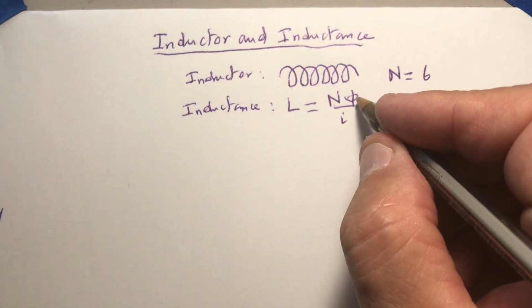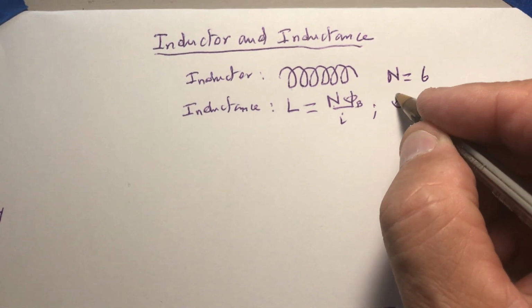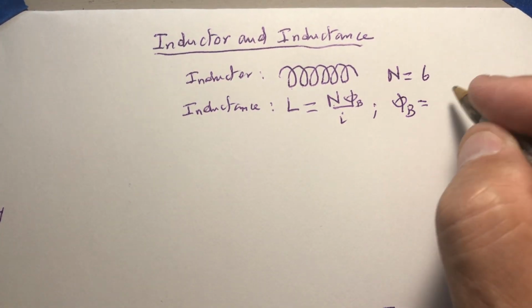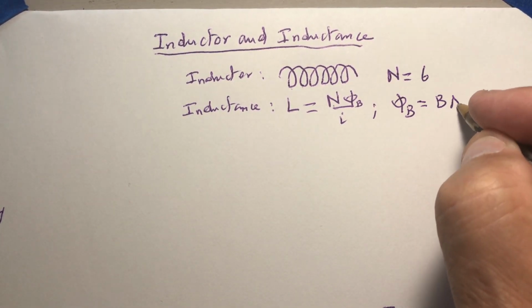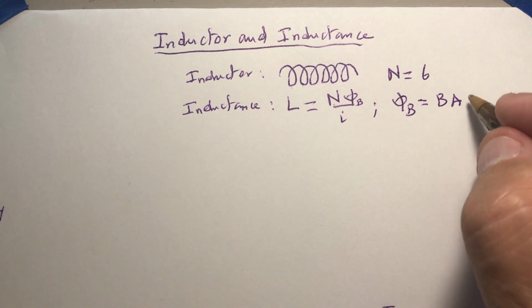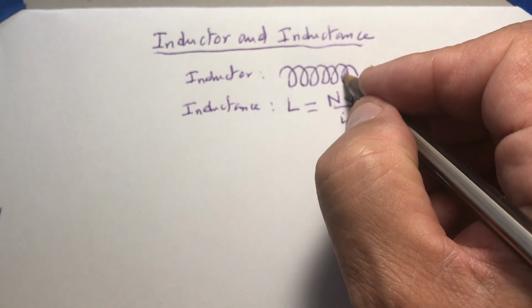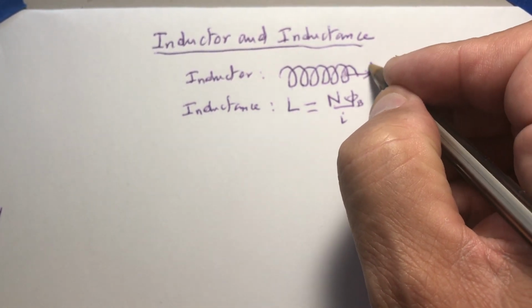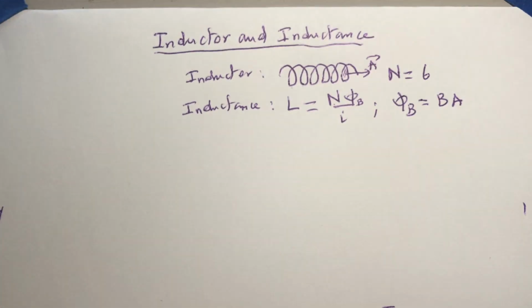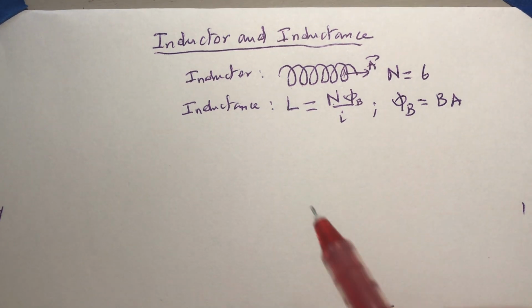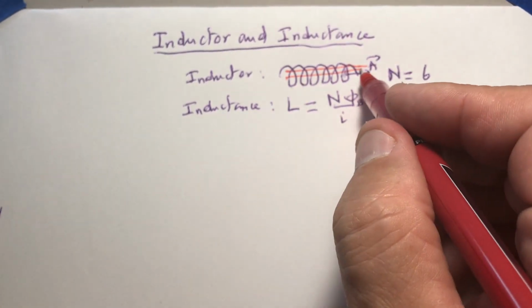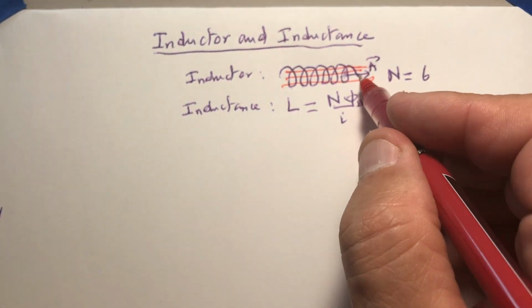Now the flux, this is the magnetic flux, is equal to the B field times the area. The reason cosine theta is 1 here is because the area vector is pointing like that, and the magnetic field is also parallel to the vector A. This is the B field.